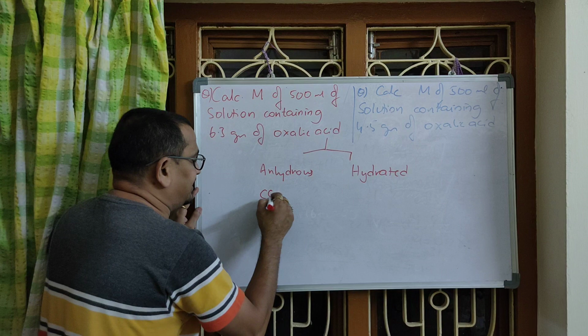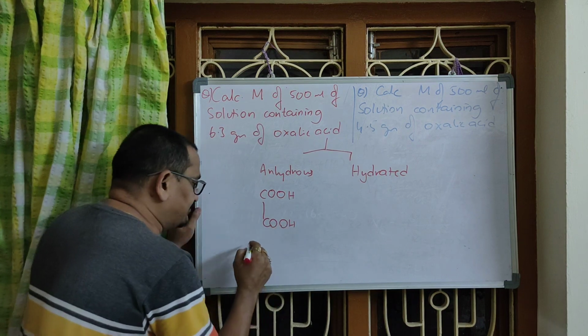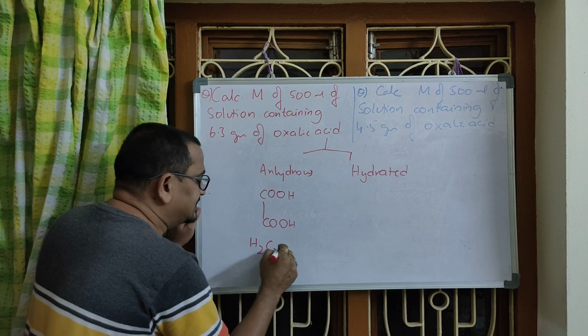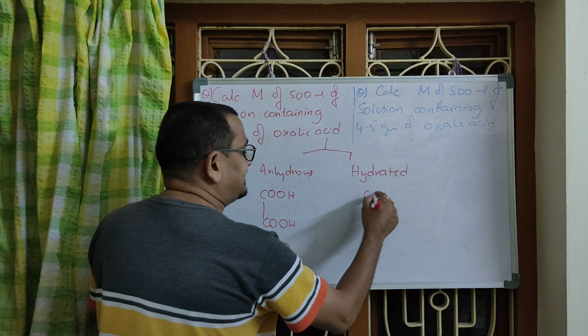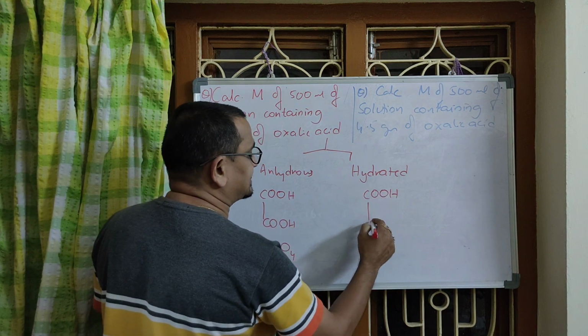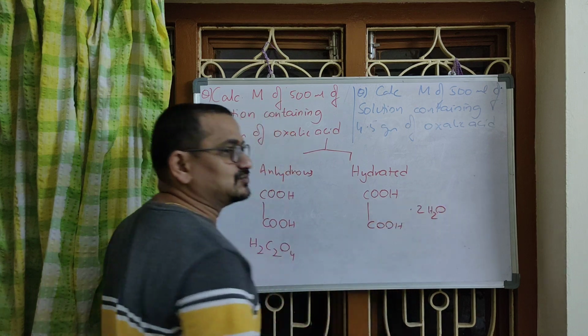Anhydrous oxalic acid is just a combination of two carboxylic acid groups, simply given as H2C2O4. Hydrated oxalic acid has, along with the two carboxylic acid functional groups, 2 H2O molecules present as water of crystallization.